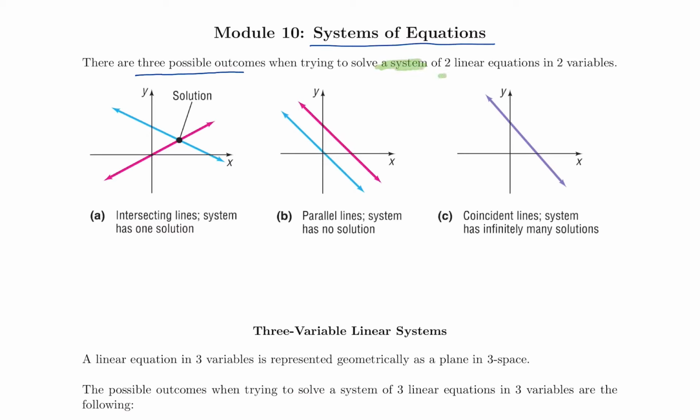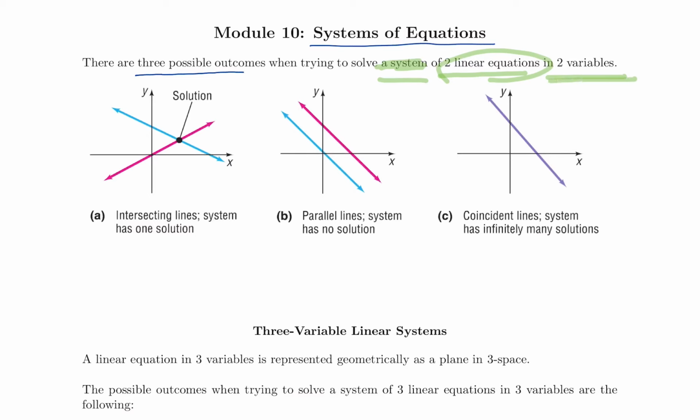One system will have two linear equations, and it can also have 3 and 4, and we'll look at the 3 in a second. So two linear equations, combining them, creates a system, with two variables, such as x and y.